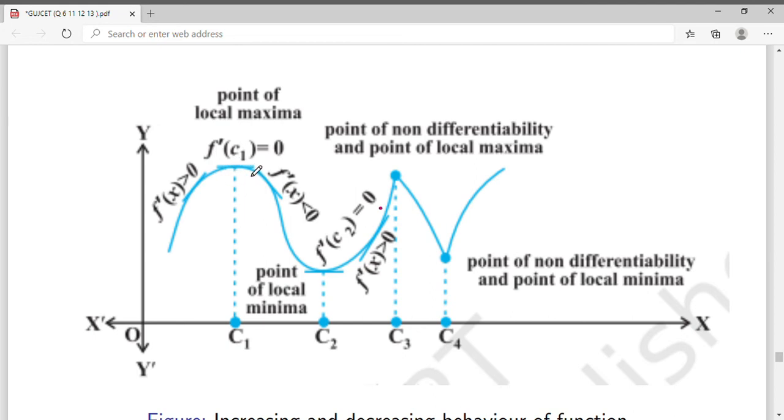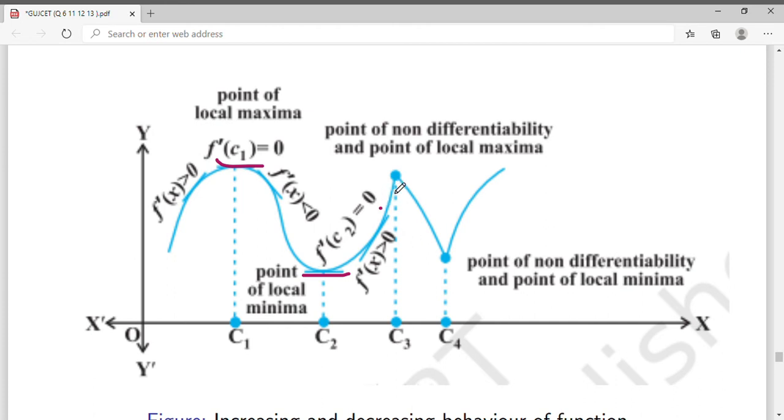And if we put this point in the function's derivative, f dash C1 equals 0. So C1 is a point where f dash C1 equals 0. In the same way, C2 is a point where f dash C2 equals 0. So here we get a horizontal tangent, and again here a horizontal tangent. So this is known as a critical point.